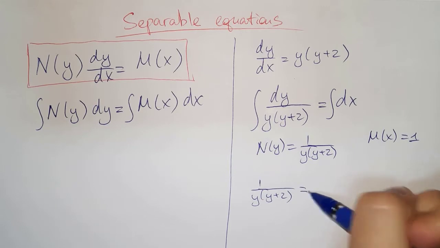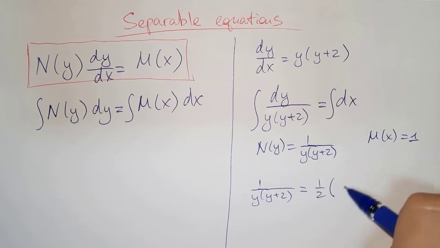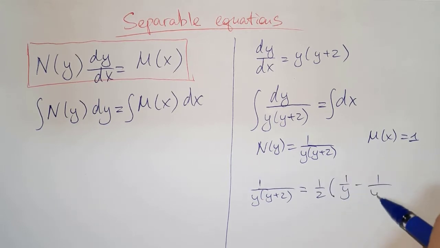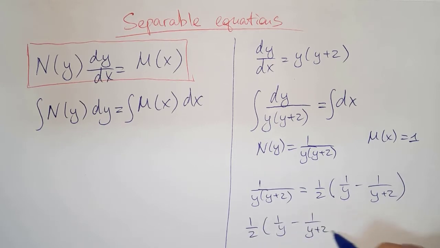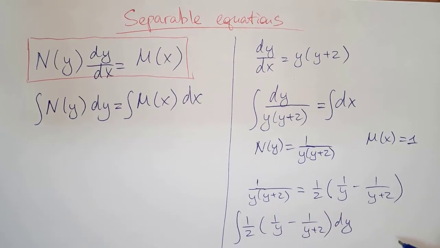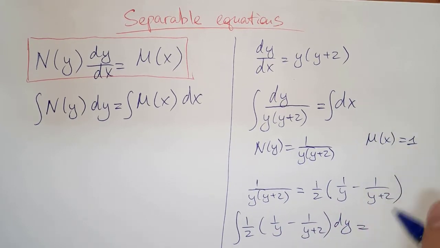So we get the integral of 1 over 2, 1 over y minus 1 over y plus 2 dy, and it equals x plus a constant, because we have just dx.